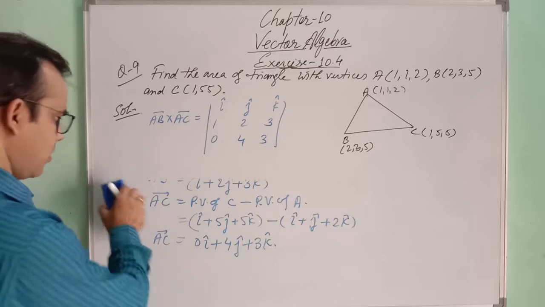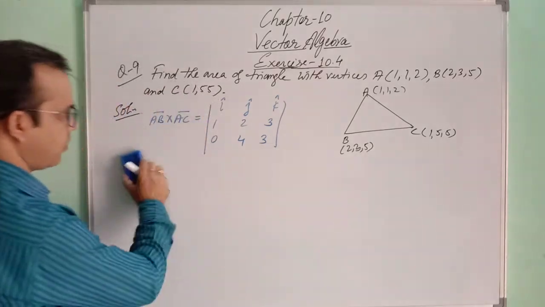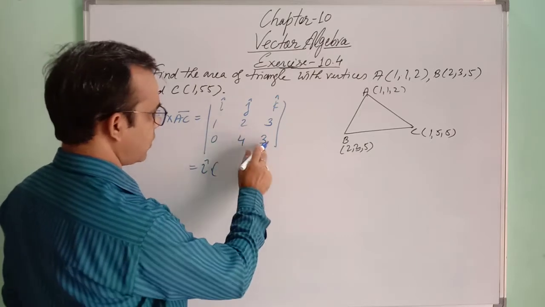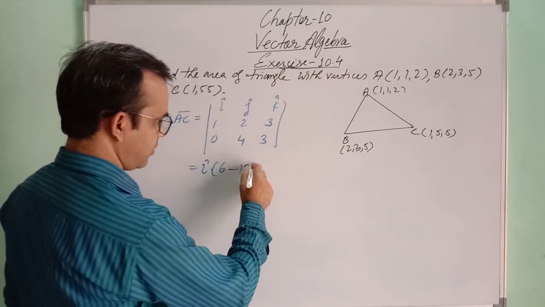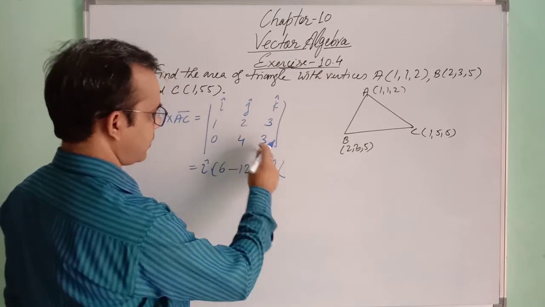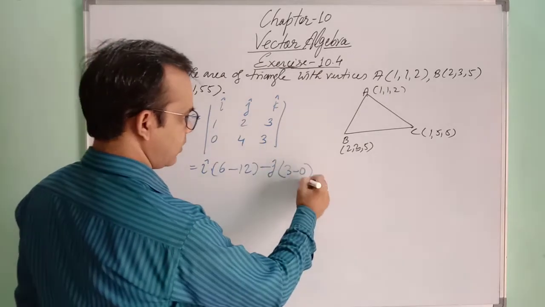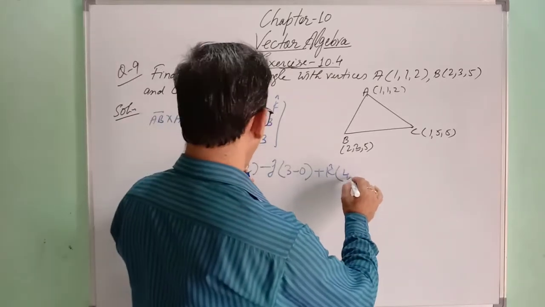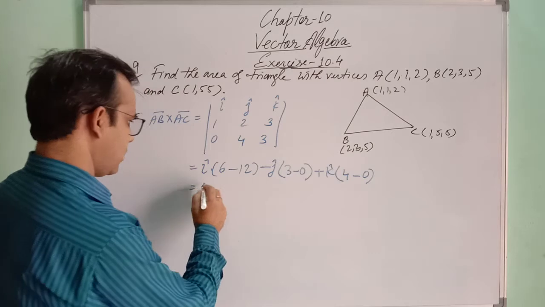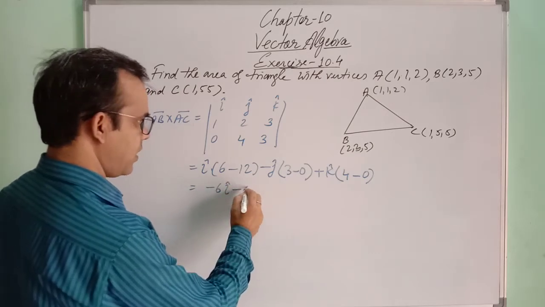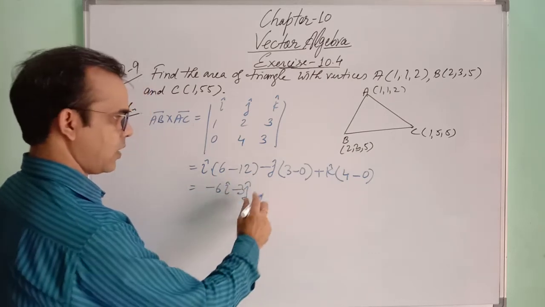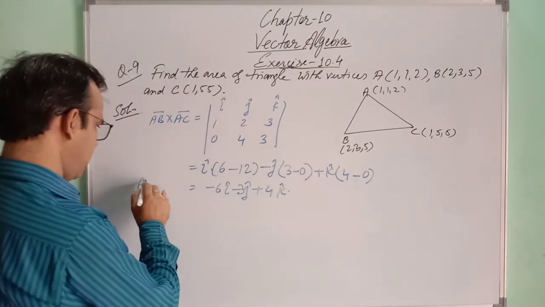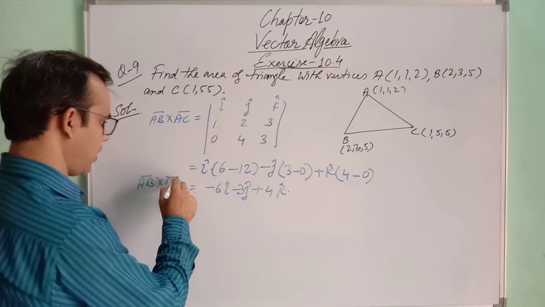I have done the same way, and now simplify it. So you will get i cap (2 times 3 is 6 minus 4 times 3 is 12) minus j cap (1 times 3 is 3 minus 0) plus k cap (1 into 4 is 4 minus 2 into 0). So that is equal to minus 6 i cap minus 3j cap plus 4 k cap. This is the value of AB vector cross AC vector.